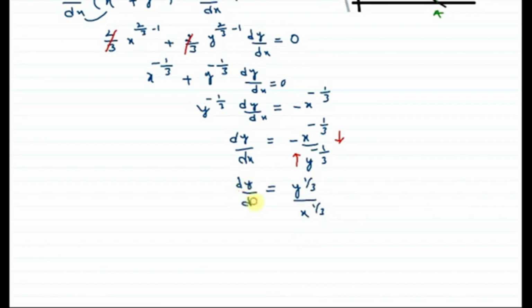So finally, m is equal to dy by dx at (x1, y1). From that I will get minus y1 to the power of 1 by 3 divided by x1 to the power of 1 by 3.